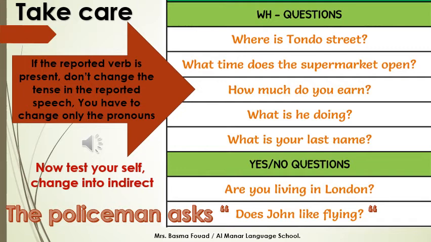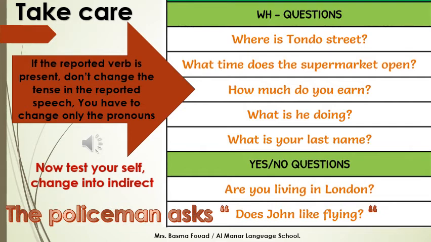Now I want you to test yourself. The policeman asks, does John like flying? Here, asks is a present simple reporting verb, and the question is present simple too. So you cannot change the tense of what is inside the quotation marks.